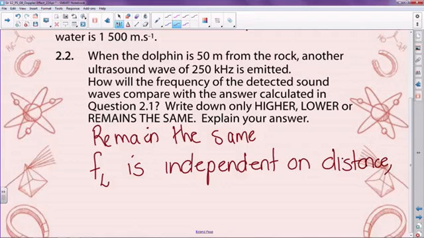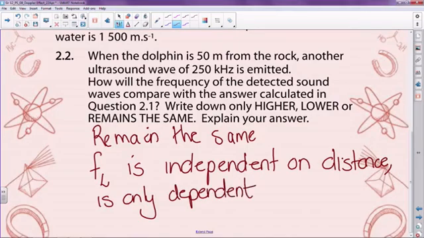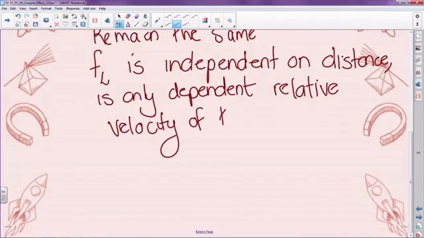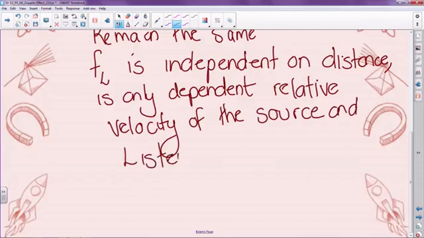All you can tell me is that it's only dependent on the relative velocity or speed of the listener or observer, either way.